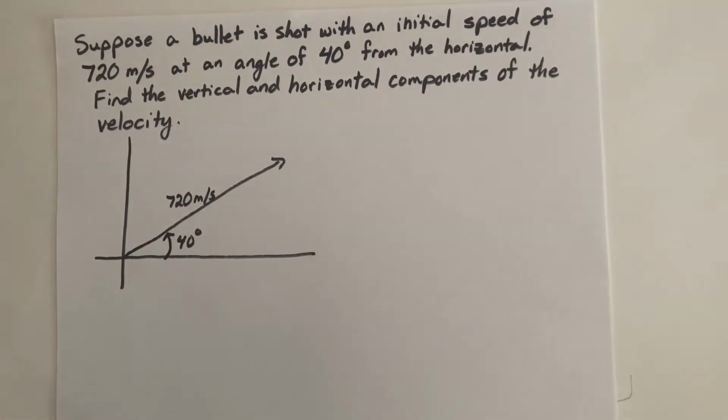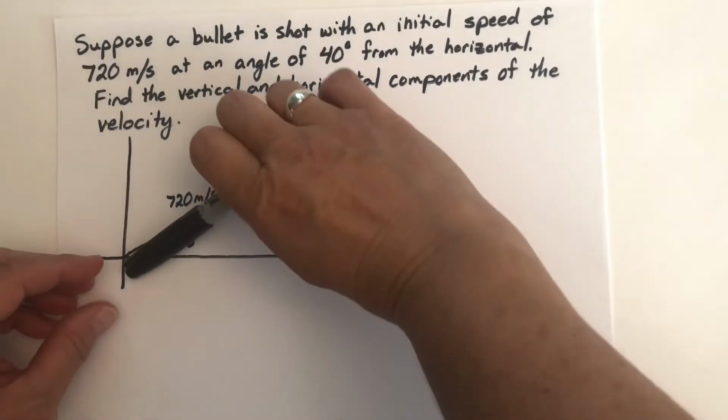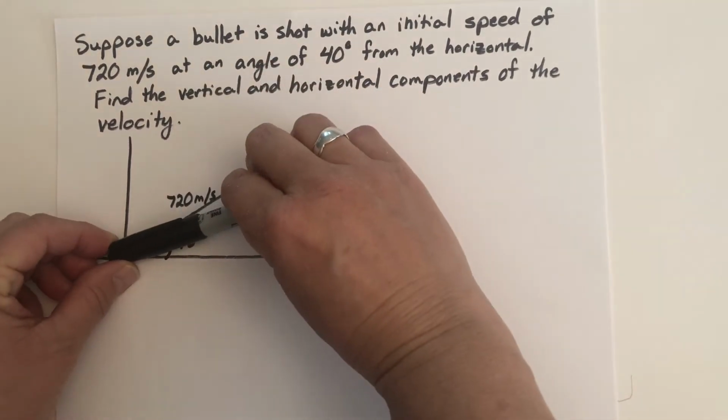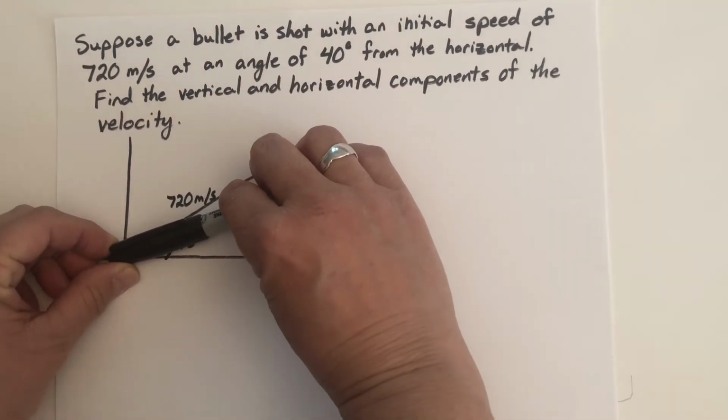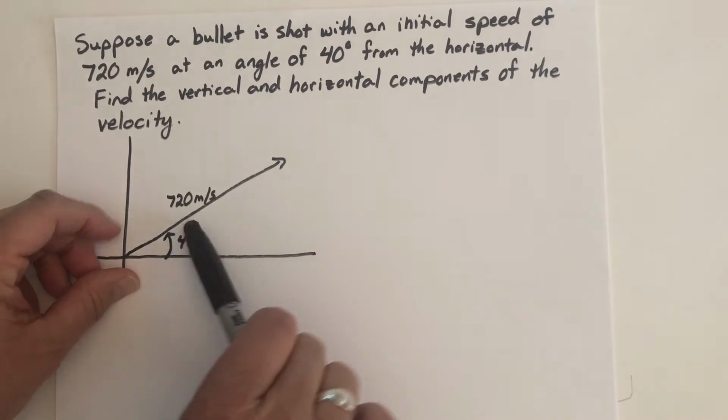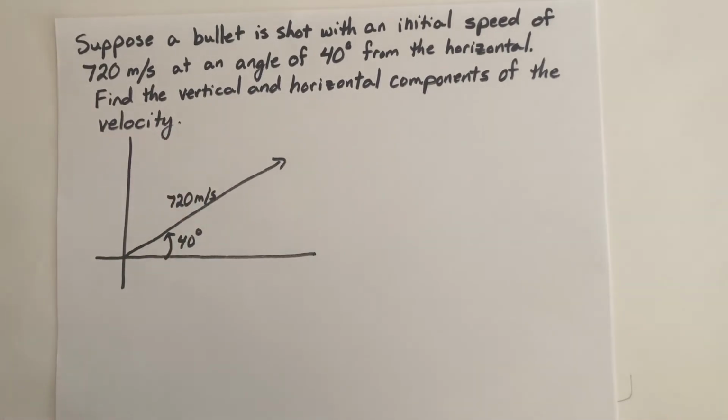So let me just mention, if you change the angle of the shot, even though it would still be going 720 meters per second, its velocity will have changed because the angle is a part of velocity. But let's now find those components.